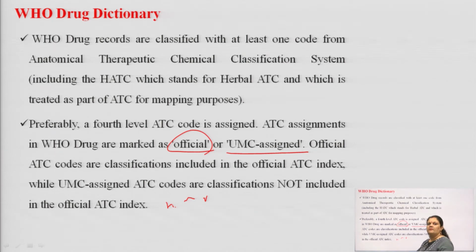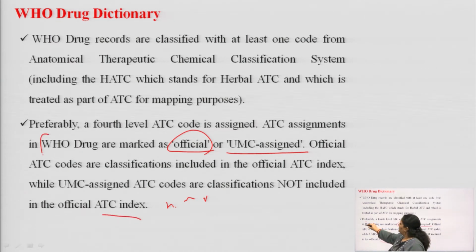UMC means Uppsala Monitoring Center assigned. Official ATC codes are classifications which are included in the official ATC index, while UMC assigned ATC codes are classifications which are not included in the official ATC index. So, this is the difference.